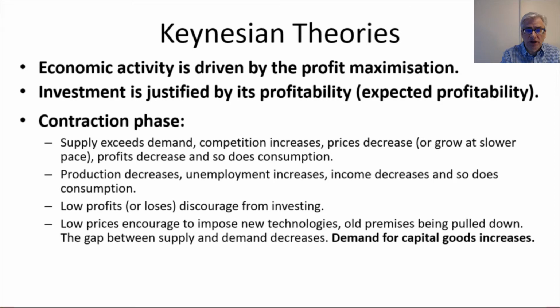So the economy doesn't grow anymore, it stops growing because demand is not sufficient, demand is not enough, supply is bigger. When supply is bigger than demand, then producers start to compete. Not everyone can sell their production because the production is too big compared to demand. Competition starts and it gradually increases, and as a part of this, we see prices decreasing.